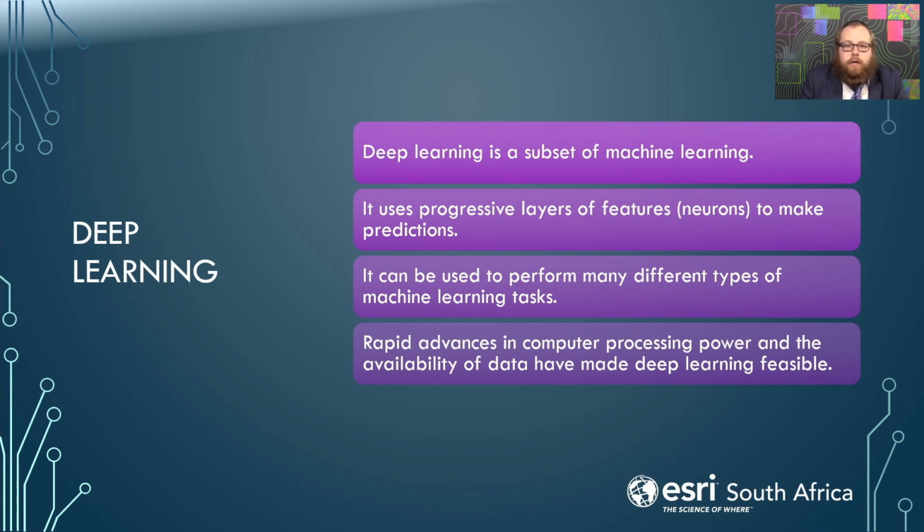Computer processing power increases almost by the day, and the amount of data that's created, there are figures that we create 2.5 billion gigabytes of data per day, and that figure is 2 years old, so it's almost certainly more now. So we do have the data and the computer processing power to make successful deep learning models. As I said, deep learning and neural networks and artificial neural networks, we will be using those terms interchangeably.